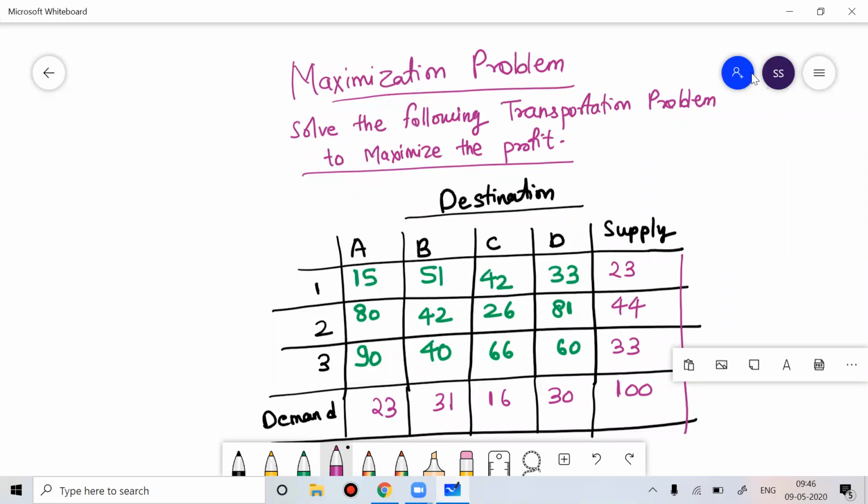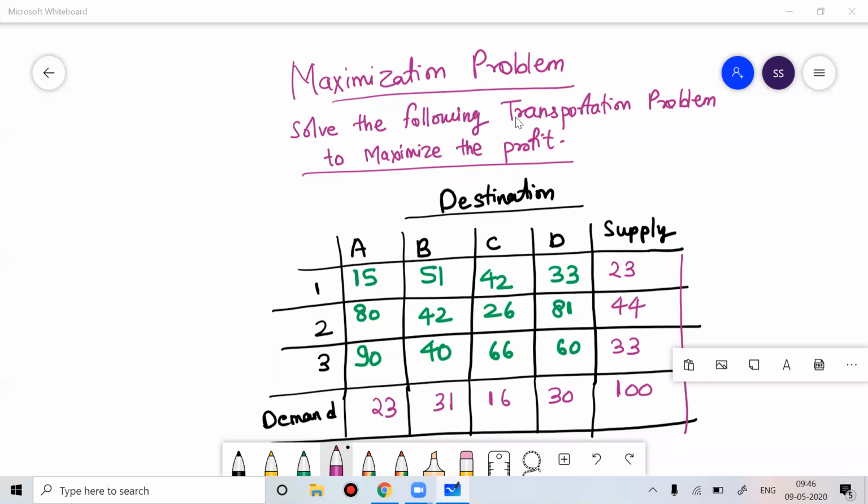So the first thing we try to do whenever we get the problem is find the initial basic feasible solution. In order to find the initial basic feasible solution, we either follow the least cost method, or the Vogel approximation method, or the matrix minimum method.